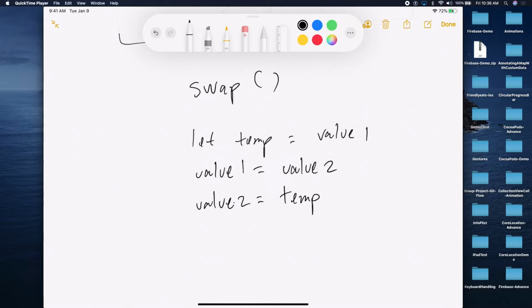Why? Because that swaps the values. So there's swap, which is the built-in function, and there's doing it without a built-in function. If you were asked to implement this without the swap function, you would do it with option 2, which we'll do today.